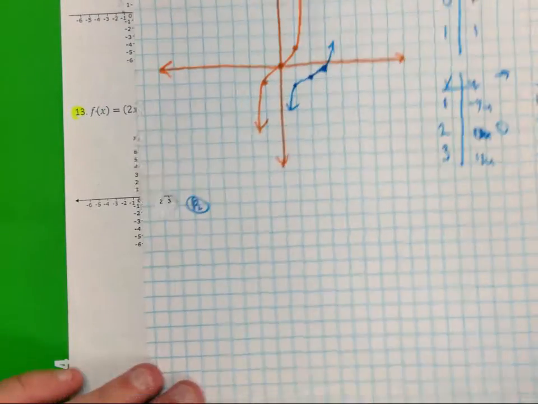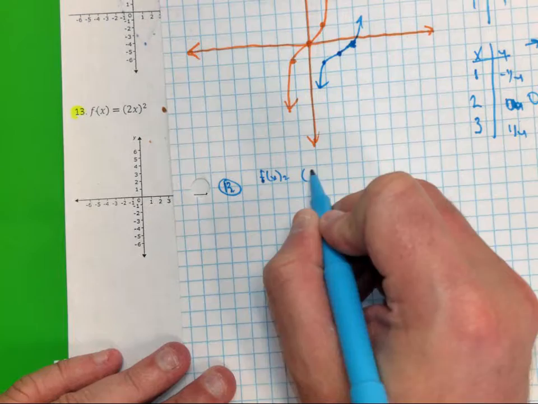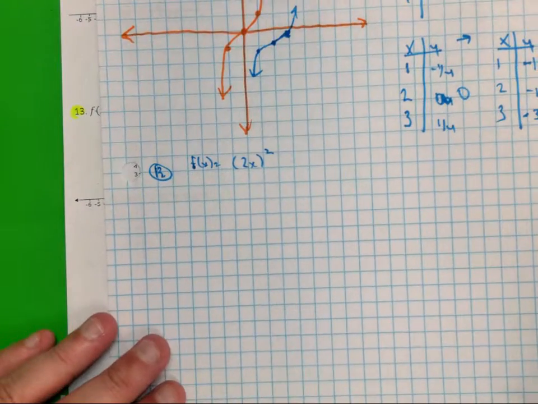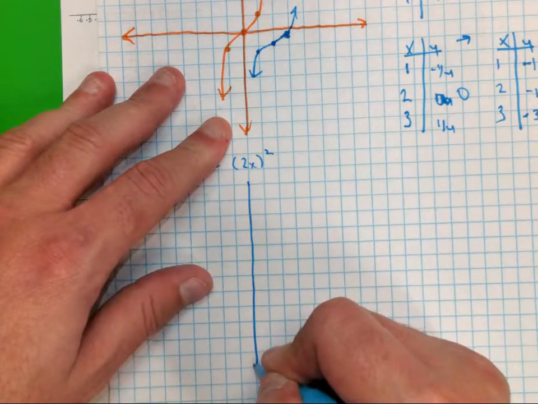Alright, let's look at number 13, then you're going to practice 4 of them. F of x equals 2x squared. What's my parent function? Quadratic, very good.